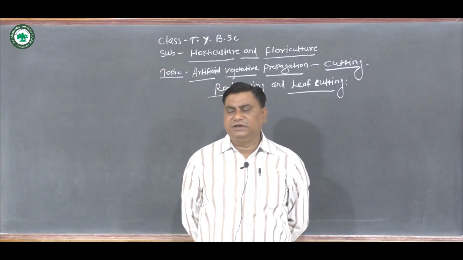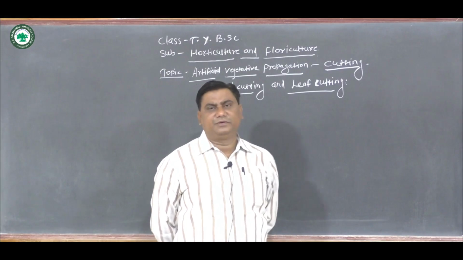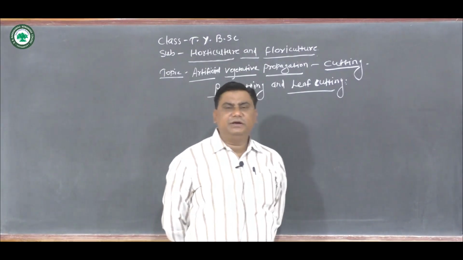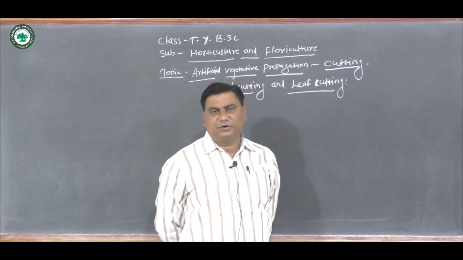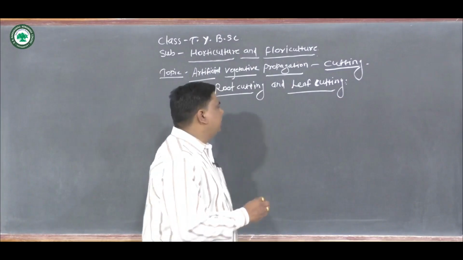As we had seen hardwood cutting and softwood cutting in case of stem cutting, today we look at root cutting. This is the method of propagation in which roots of plants are used for cutting.